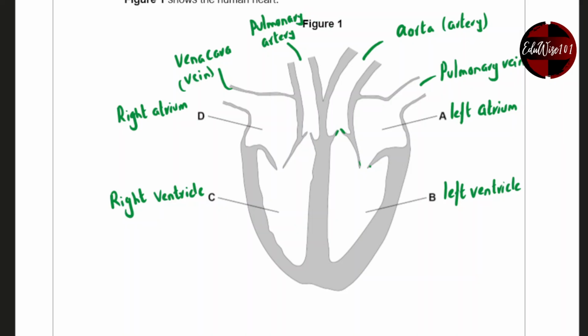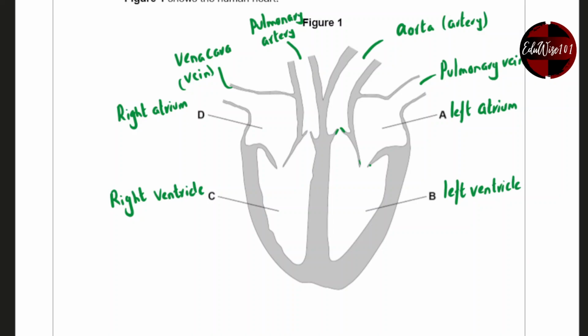So, let me quickly draw the path in which blood actually flows. So blood actually comes from here, oxygenated blood, from the lungs.